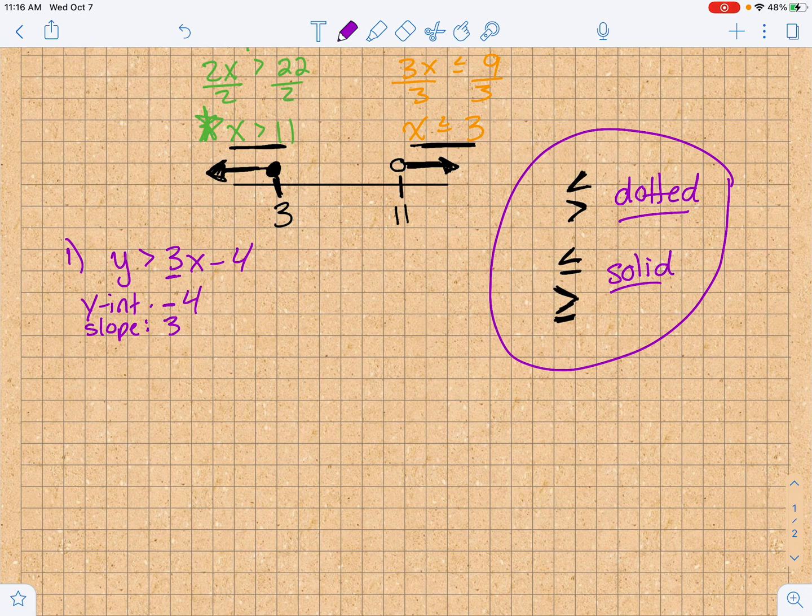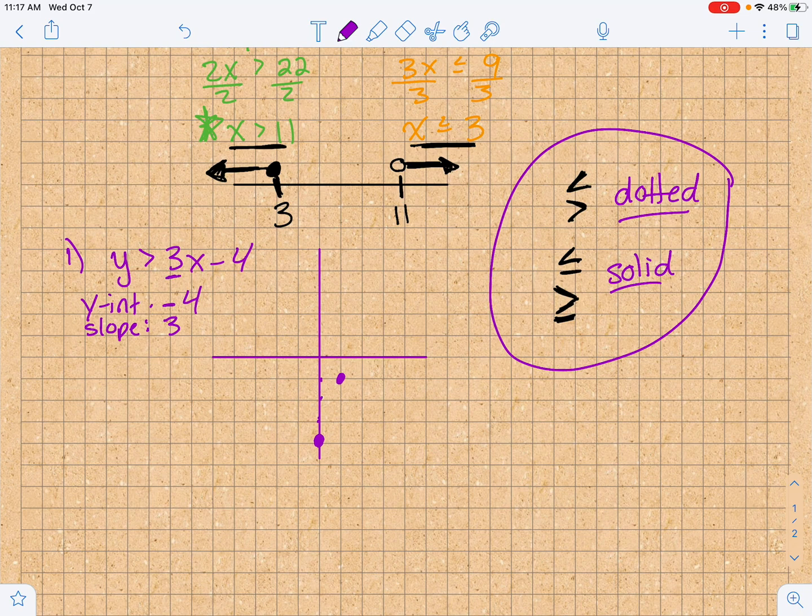I'm going to go ahead and put some dots on the graph, and then we will figure out whether it's dotted or solid, and then how to shade. So here's my graph. My y-intercept is at negative 4, so I'm going to put a point. From that point, I'm going to count my slope, so I go up 3 over 1. Now I need to figure out if I'm dotted or solid.